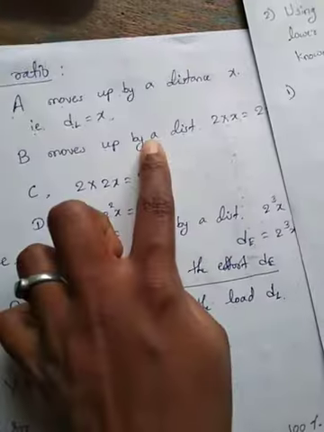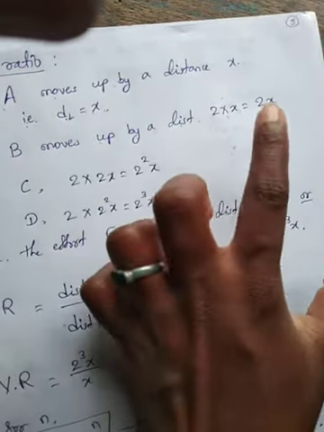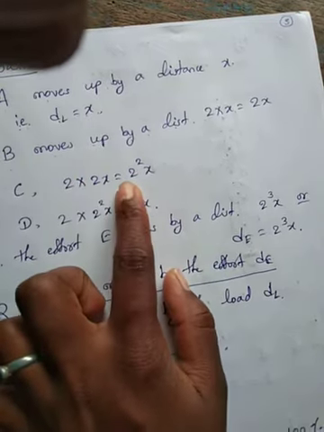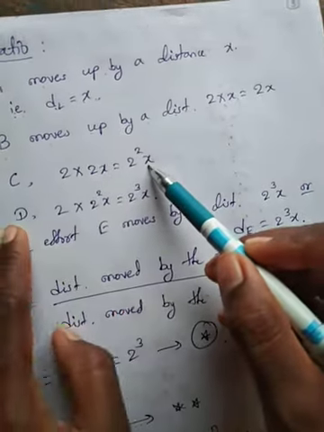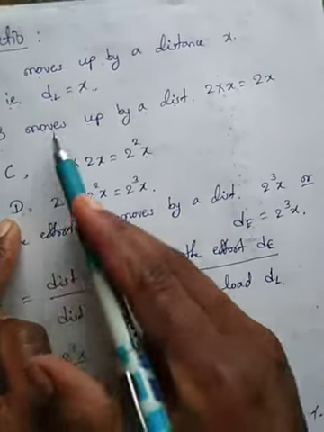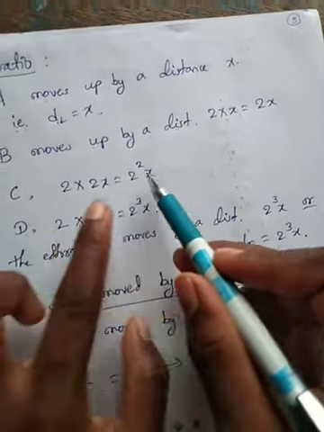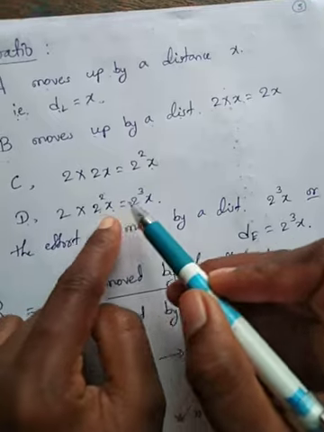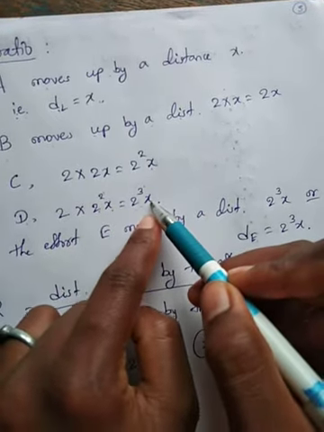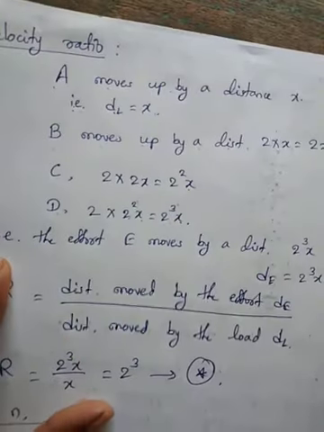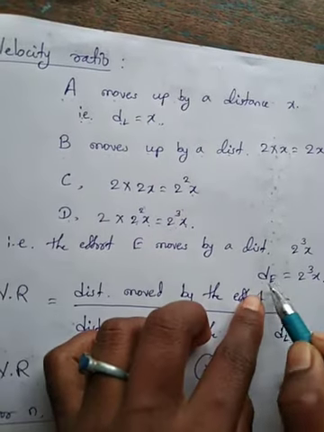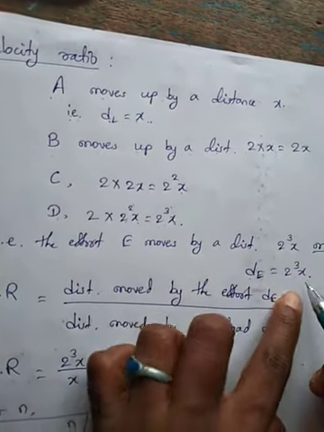Then C moves up by a distance 2x and again 2, that is 2 square into x. Same, D moves up by a distance of 2 times this C, that is 2 square x. Then you will get 2 cube x. That is, the effort E moves by a distance 2 cube x, or dE is equal to 2 cube x.